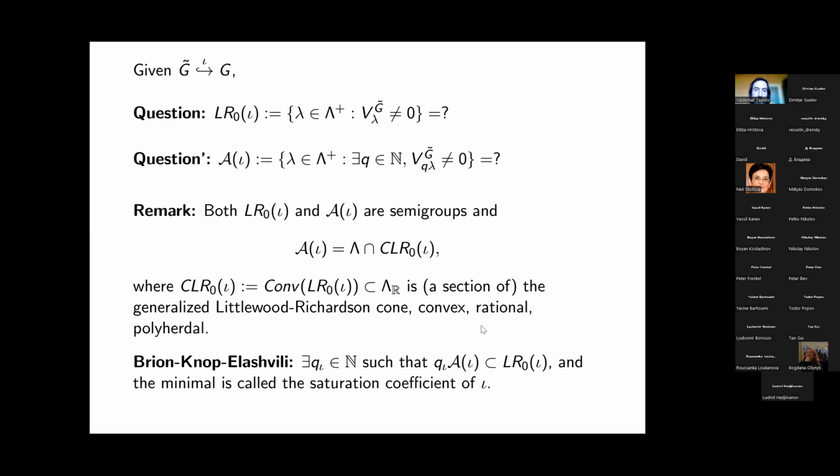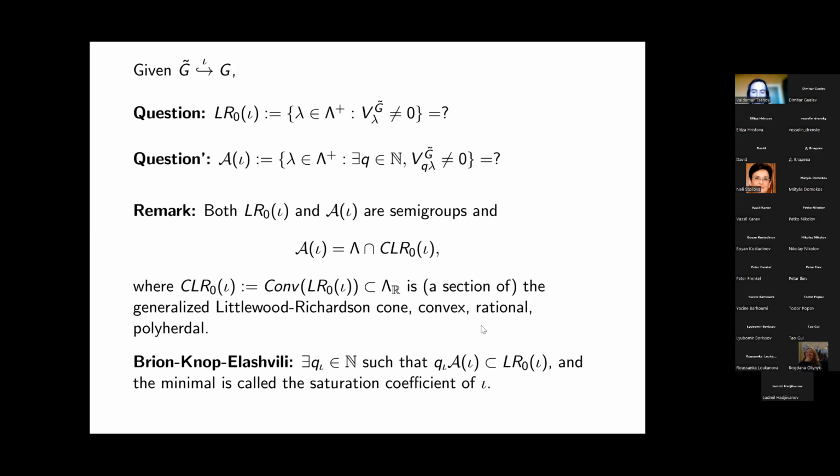So it says basically that these are finitely generated semigroups, the two above. And because of this finite generation, every lambda can be put from A into LR, because we have finite generation, then we can pick one which works for all.